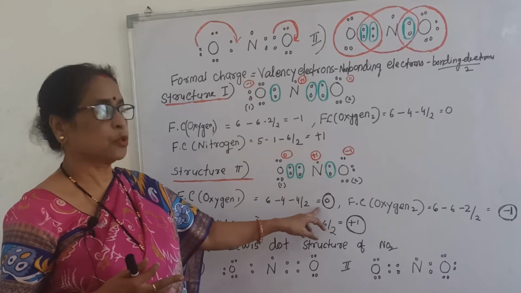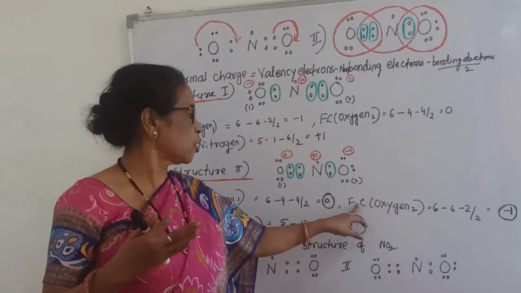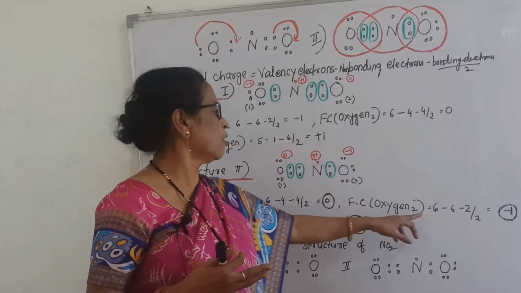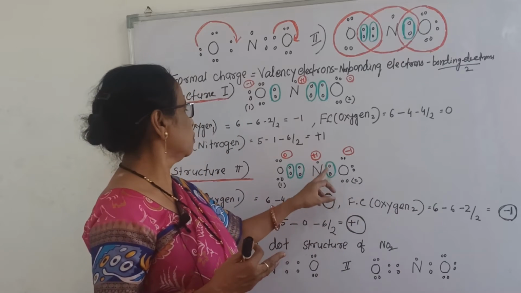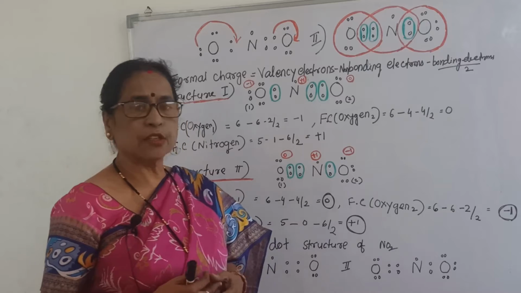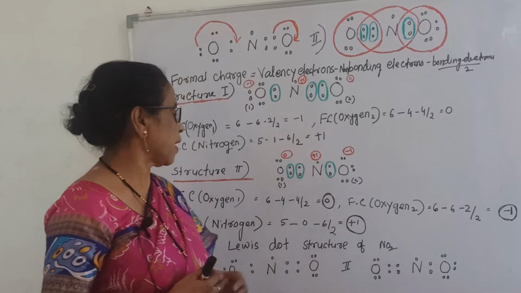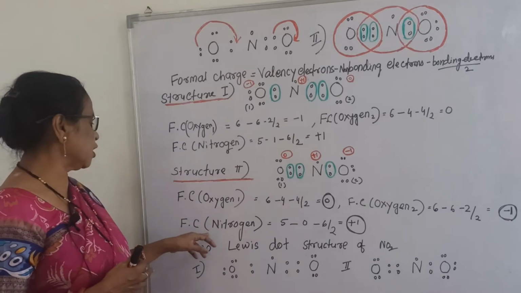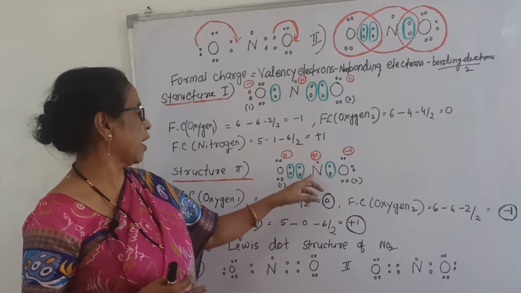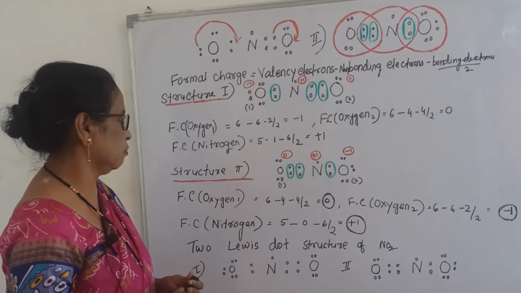The value comes to 0. Similarly, what is the formal charge of oxygen 2? 6 valence electrons, minus 6 non-bonding electrons, minus 2 by 2, where 2 is the bonding electrons. What is the result? Minus 1. Similarly, for the formal charge of nitrogen, the valence electrons are 5 and the non-bonding electrons are 0.